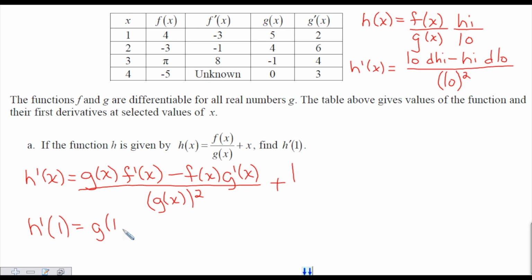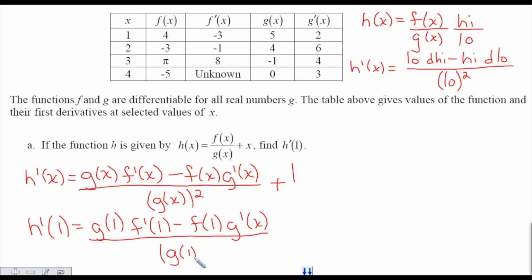G of 1, I'll go pull that off the table. F prime at 1. When I do this with kids, I actually show them this because I want them to see that I'm writing out everything, and I expect them to write out everything. Plus 1. And please don't forget that plus 1. I'm really fixing to forget it, I know.